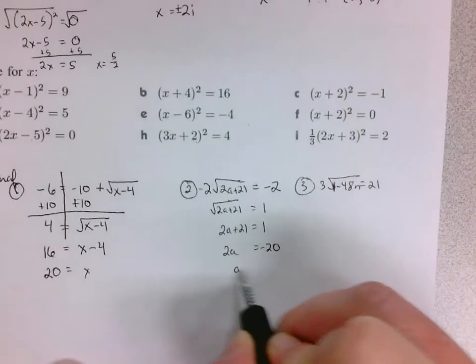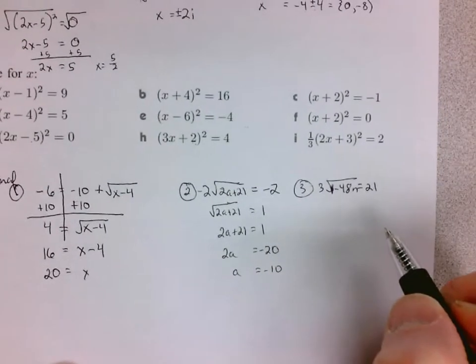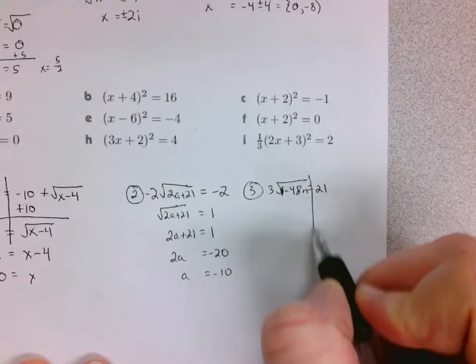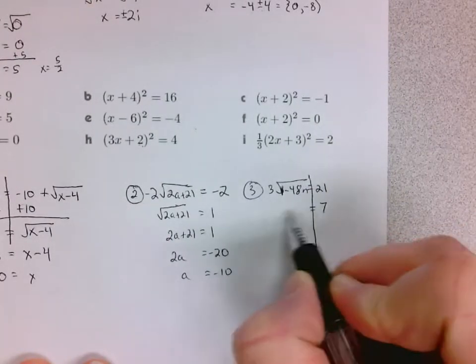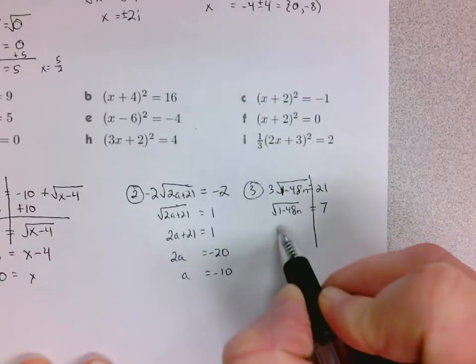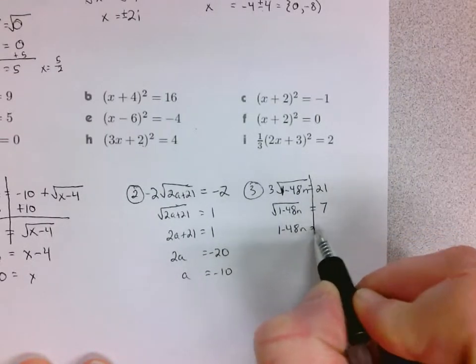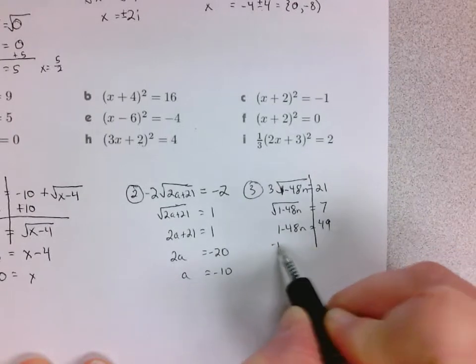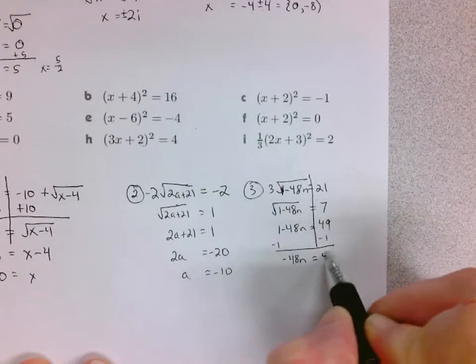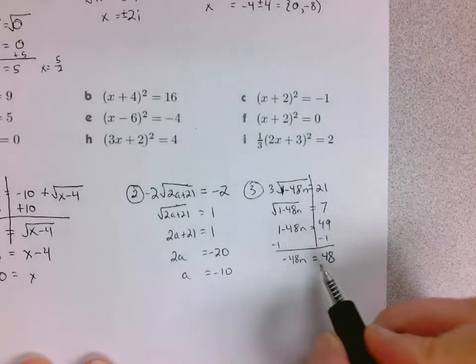A equals -10. Divide both sides by 7. Square. And divide by -48.